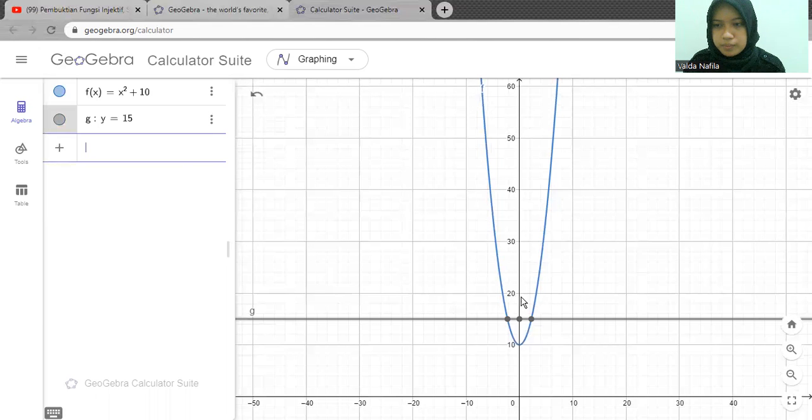And this has been proven that the horizontal line shows it is not an injective function because it intersects at 2 points. In the definition of an injective function, it intersects only at 1 point. Okay, so this is not an injective function.